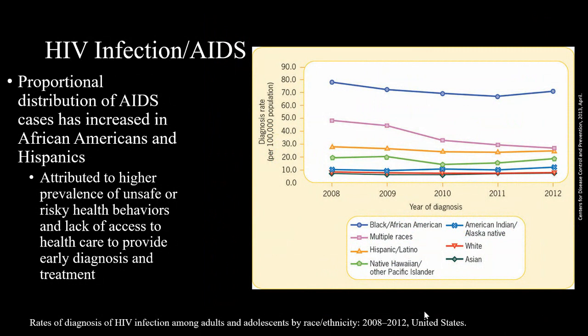It is the diagnosis rate per 100,000 people in the population. So you can see there was a dip in 2011 for most of these, except for American Indian, Alaska Native. However, obviously from the chart, again, Black African Americans suffer from the largest rate of HIV infection and HIV/AIDS.